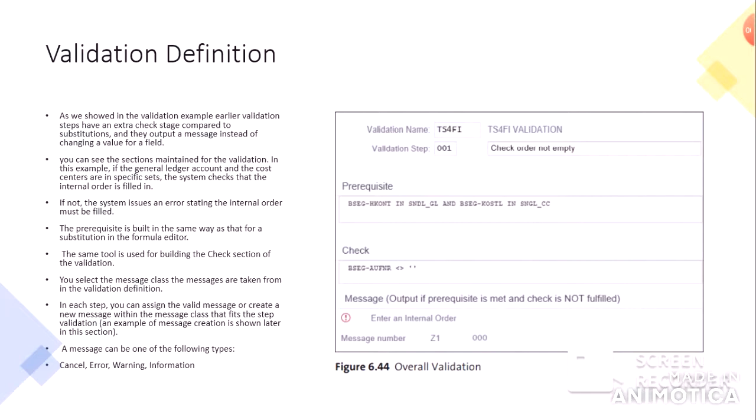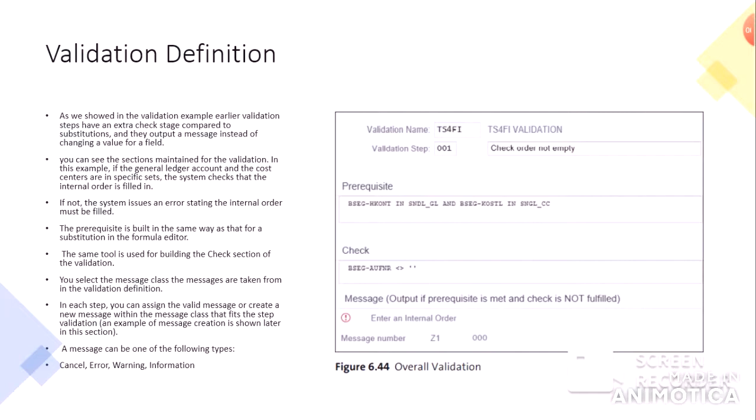You can see the sections maintained for the validation. In this example, if the general ledger account and the cost centers are in specific sets. If we see here, it's the line item HKONT, which is the general ledger account.